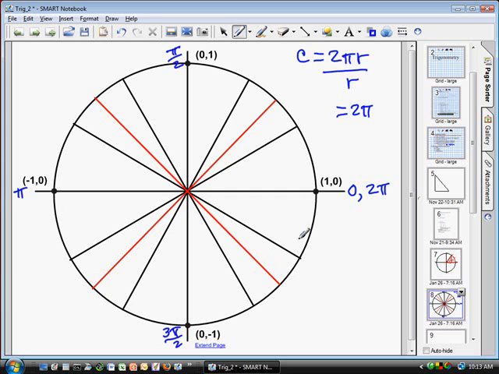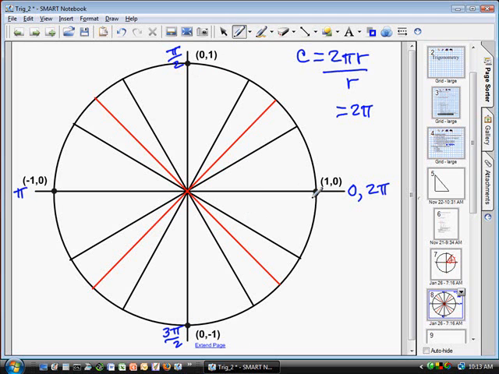That's supposed to read 3 pi over 2 down there. I'll try that again. Pi looks kind of like somebody already ate it. There we go. 3 pi over 2.